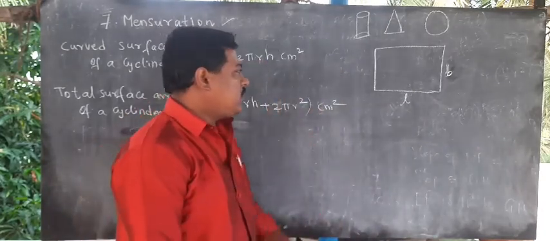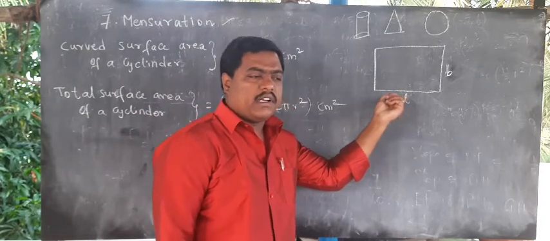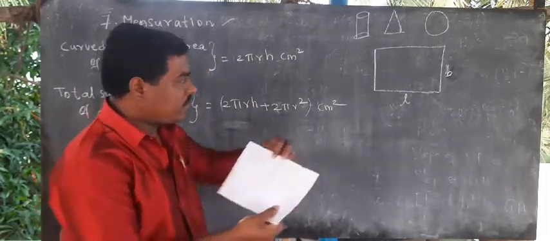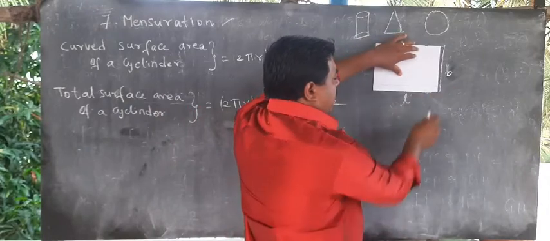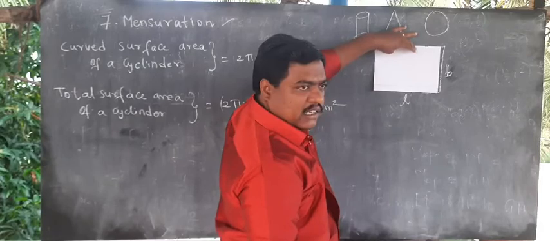So this rectangle paper I converted into a cylinder. How are we converting? Listen, this is LB, a rectangle sheet.